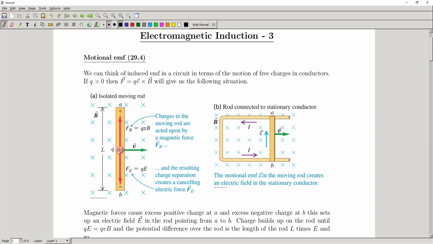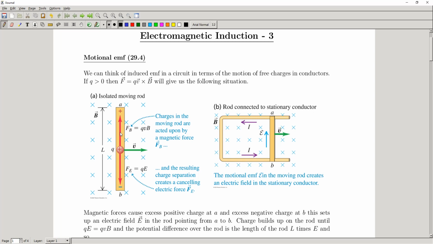What's going to happen with this charge here? Well, we know it's going to experience this magnetic force, right? We're going to have a V cross B, and if we have V pointing in that direction and B into the page, and this is a positive charge, we can see that it's going to experience a force upward like this, right? And so if we keep this V going, what's going to end up happening?